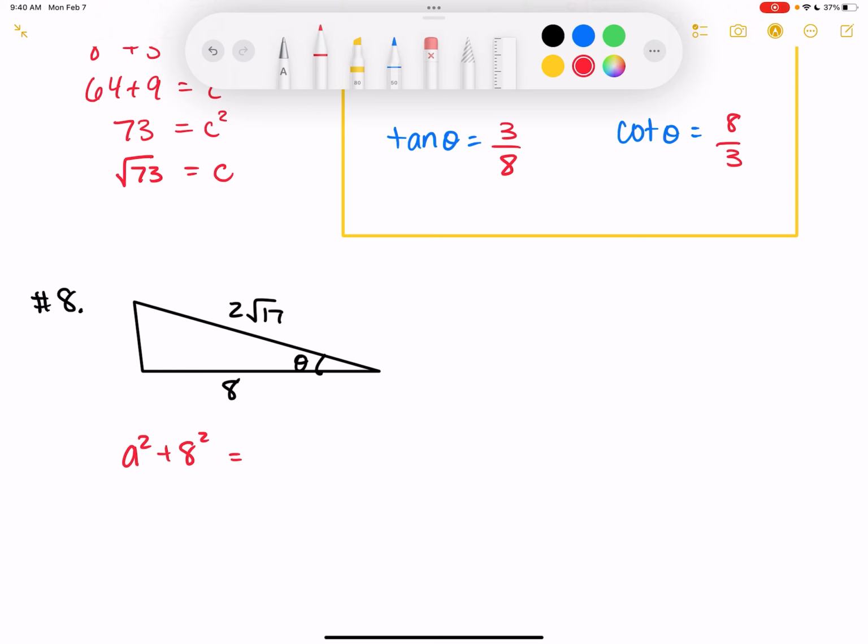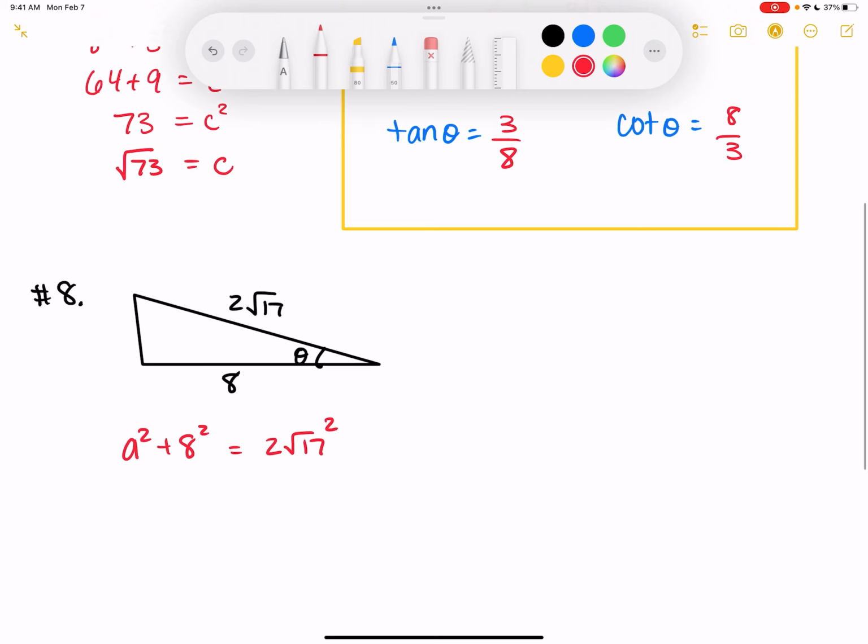It doesn't matter, I mix them up all the time. Technically, I think the shortest side is supposed to be A, but nobody really cares. As long as your hypotenuse is C, it doesn't really matter. It's the whole thing being squared: 2 root 17, squared.